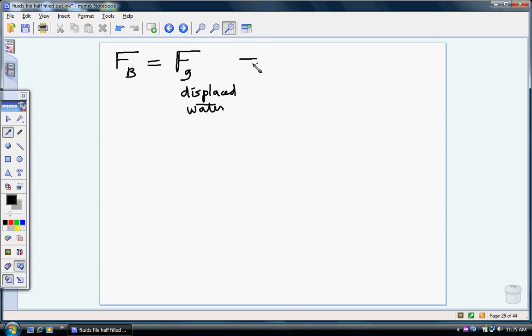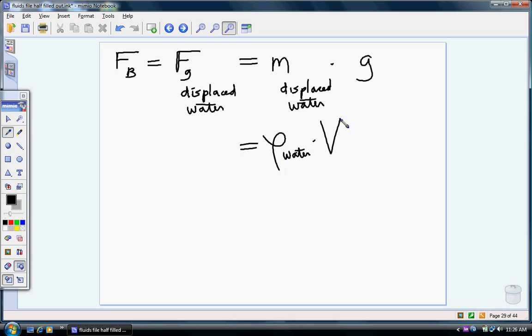And of course, that's going to be equal to the mass of the displaced water times acceleration due to gravity. And that's going to be equal to the density of the water times the volume of the displaced water times G.